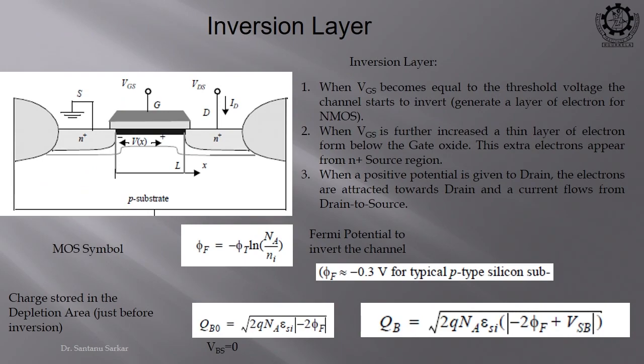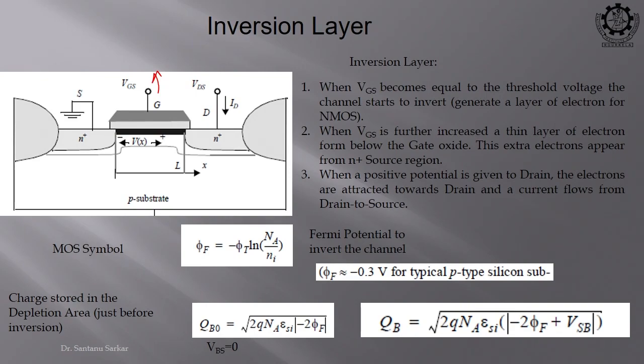Next step. Now, suppose you start to increase this gate voltage. You are slowly building up the gate voltage. So, what will happen now? The vertical field is increasing, right, field strength is increasing.